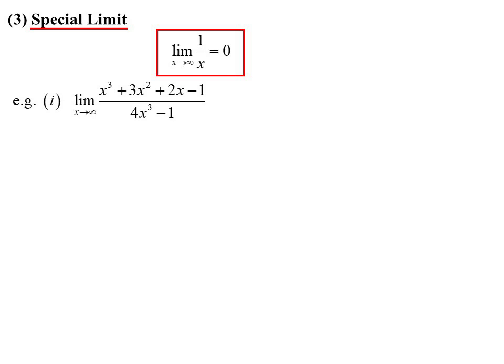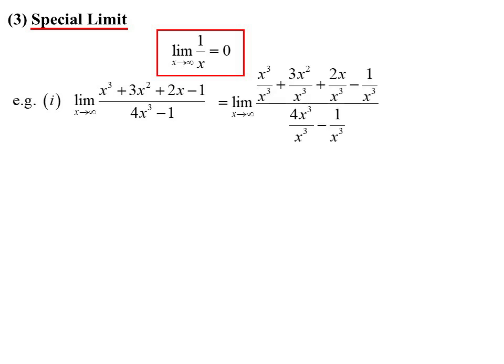So what we do is we divide everything by the highest power, in this case x cubed, because I want to get the pronumeral on the bottom of the fraction, because that I can work out. I know if I'm substituting infinity into the bottom of the fraction, then that fraction has got to approach 0. So I want to create something where the pronumerals are only on the bottom of the fractions.